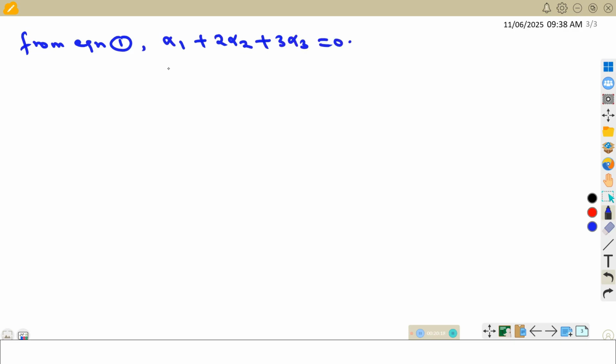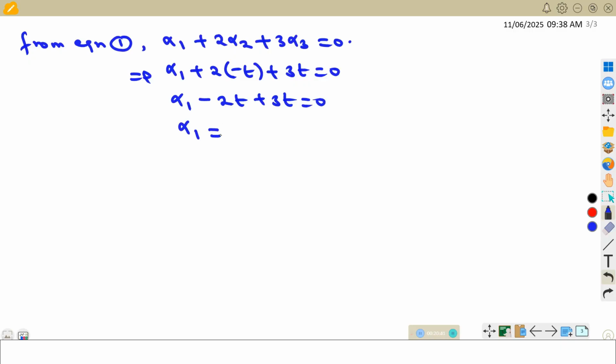This implies that alpha 1 plus 2 alpha 2. Alpha 2 we have seen is negative t. So this is negative 2t plus 3t, which is equal to 0. So alpha 1 minus 2t plus 3t is equal to 0, and alpha 1 will give us negative t. So from here we have got the values for alpha 1, alpha 2, and alpha 3.